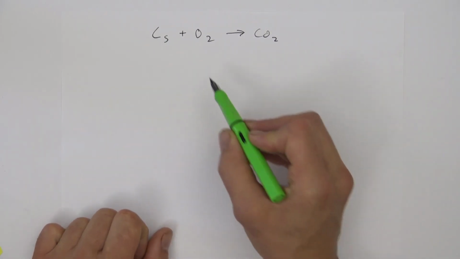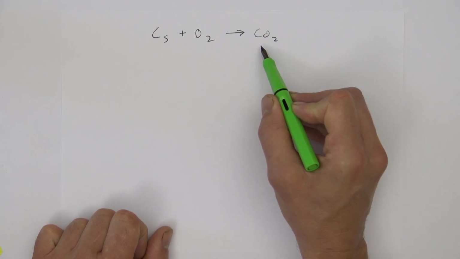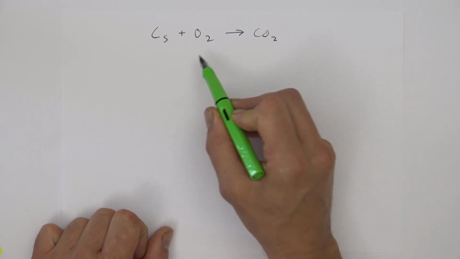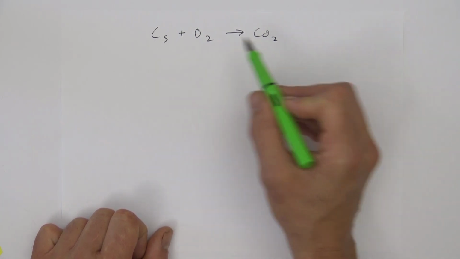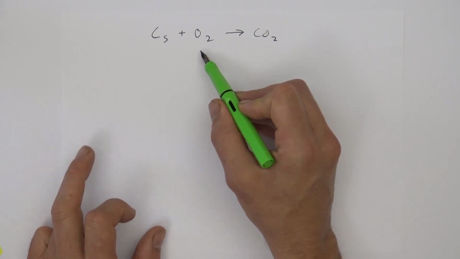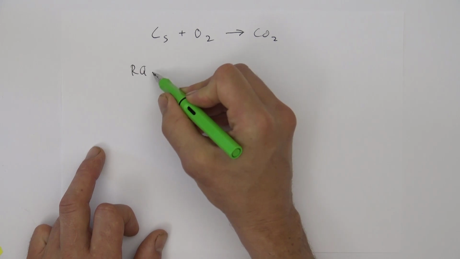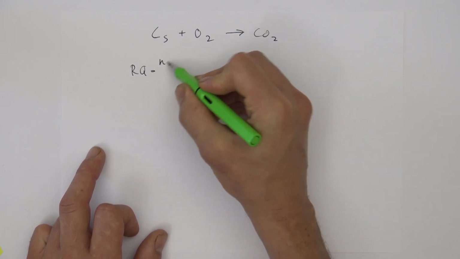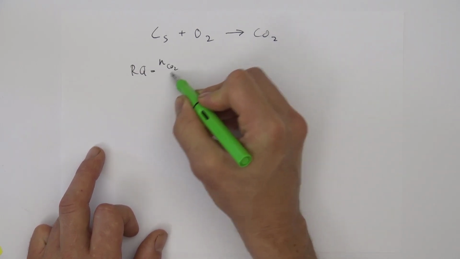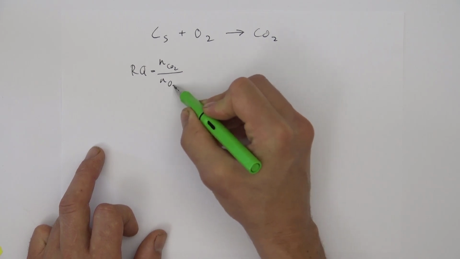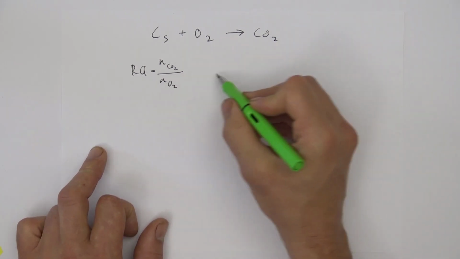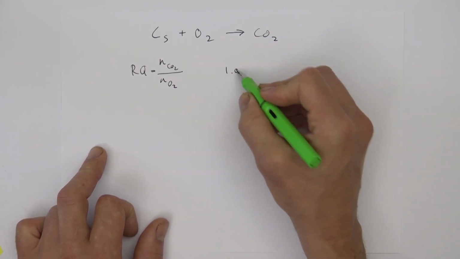The question is how much carbon dioxide is produced for every oxygen that is consumed. This value is called the respiratory quotient, the moles of carbon dioxide divided by the moles of oxygen. And this has a value of 1 for carbohydrates.